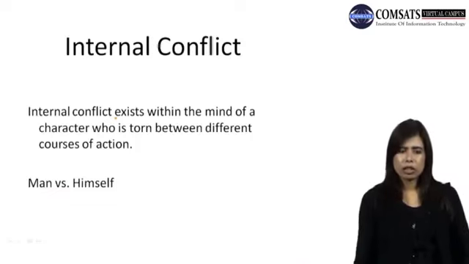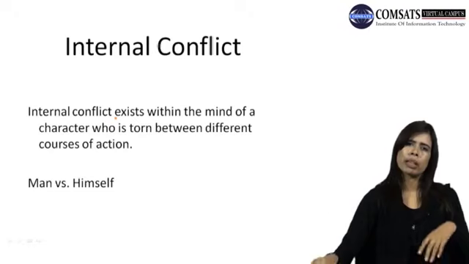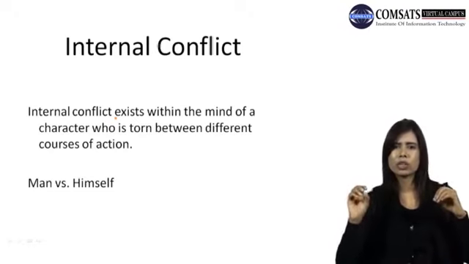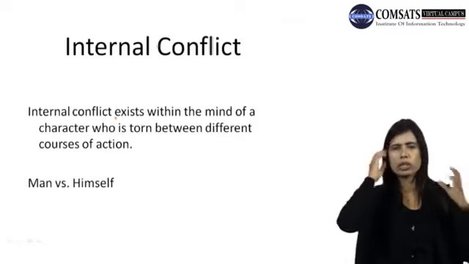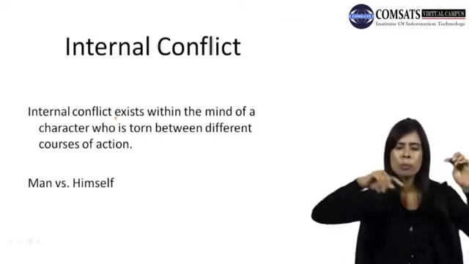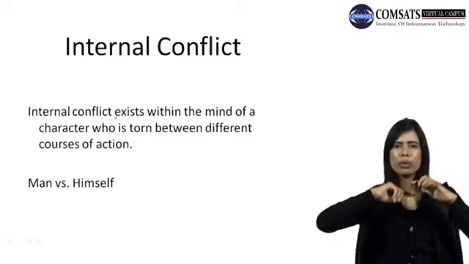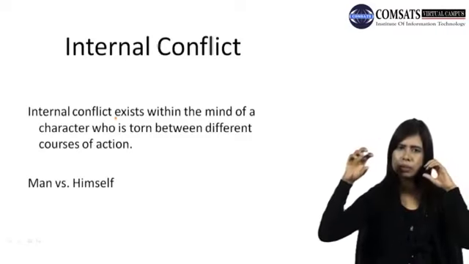The other thing is the internal conflict that exists within the mind of a character who is torn between different courses of action. So basically this is a bit more complicated conflict as well, when the man is fighting against himself. So there is a climax as well. Here basically the man is torn into two pieces, or into two personalities.